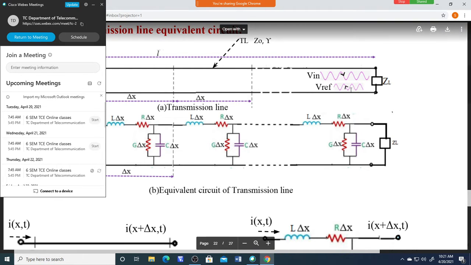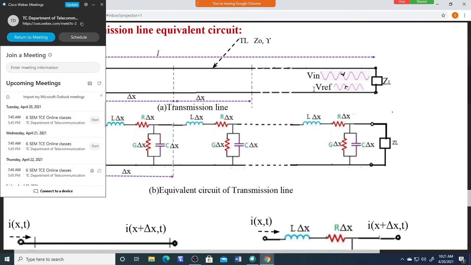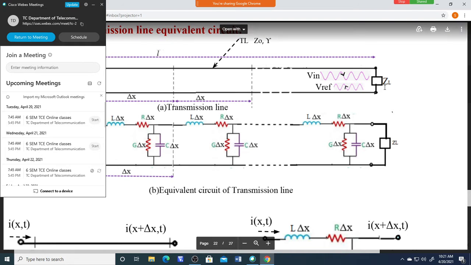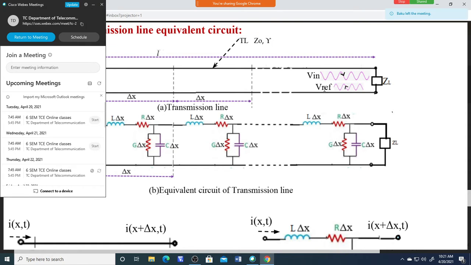Because the reflected wave amplitude and phase depend on ZL, how much this ZL deviates from Z0 determines the reflected amplitude and phase. So we should have a relation. If ZL is given and Z0 is given, we can calculate how much the reflected wave deviates from VIN in terms of amplitude and phase.